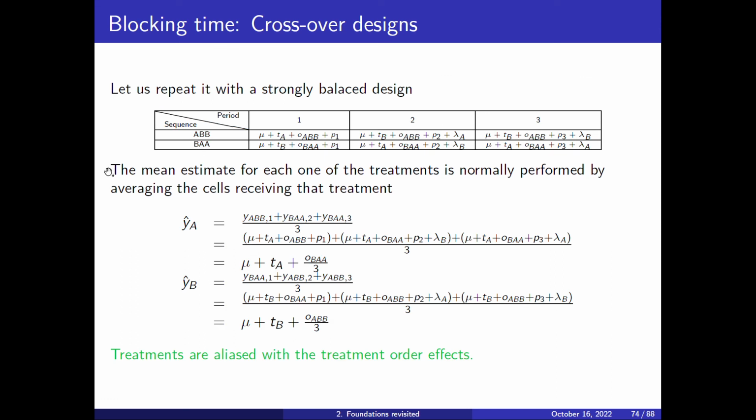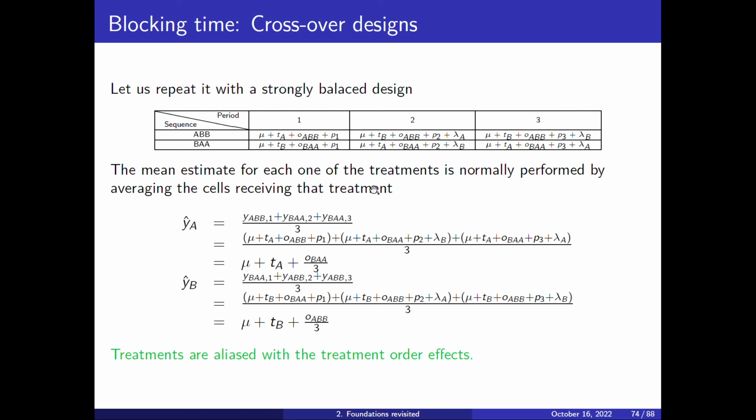Okay, so what about this ABB BAA? We have the same kind of expected values. For instance, let's see this one. This is the effect of A, because it is ABB, plus an effect of the order, plus the contribution of P1, and then the contribution of B, P2, and the carryover from A, and then this is treatment B, the order, the third period, and the carryover from the previous treatment, that was B, and the same happens here.